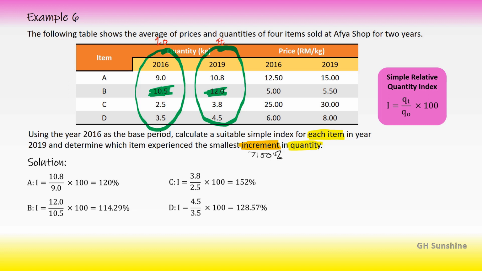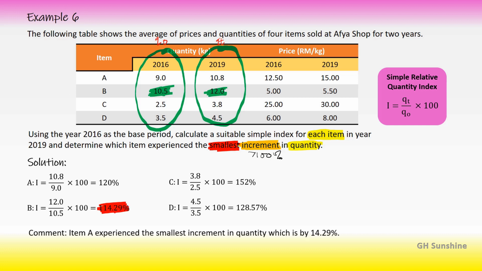Means all the items experienced increment in quantity, but which one is the smallest increment? The smallest increment is item B, 114.29%. Therefore, item B experienced the smallest increment in quantity, which is by 14.29%.